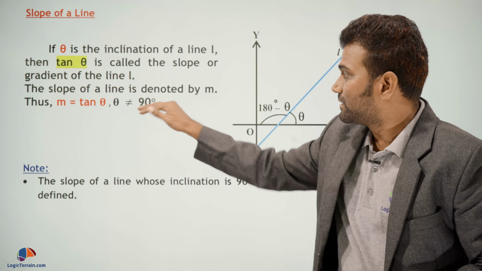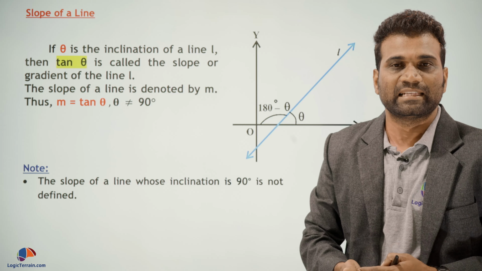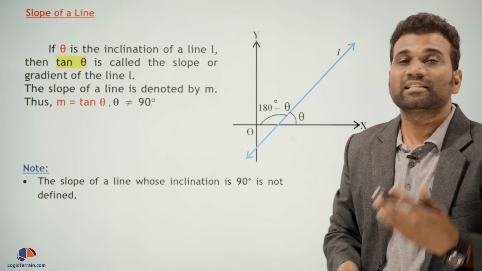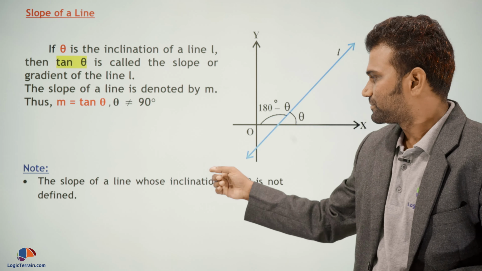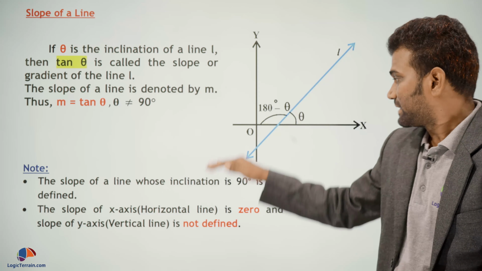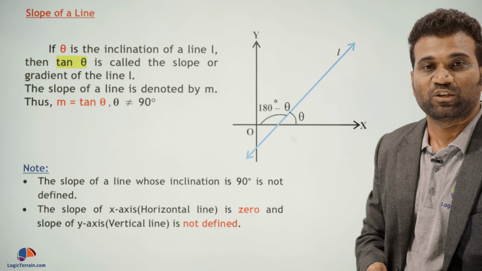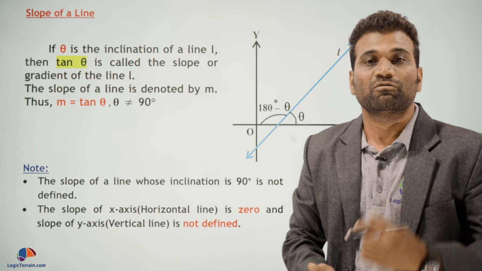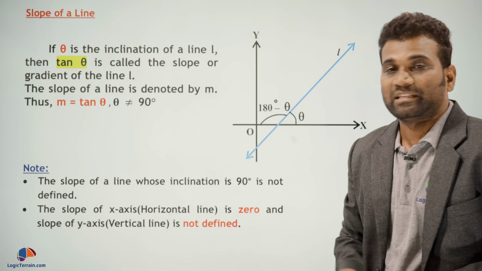So why is theta not equal to 90 degrees here? Because if theta is 90 degrees, the slope is not defined. Clear? The slope of the x-axis, that is a horizontal line, is 0, and the slope of the y-axis, a vertical line, is not defined.